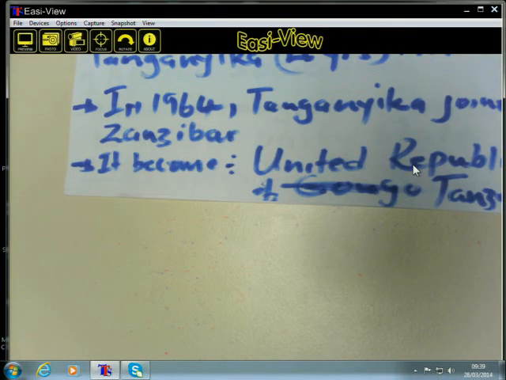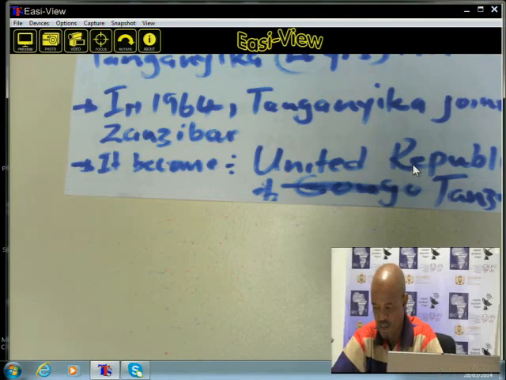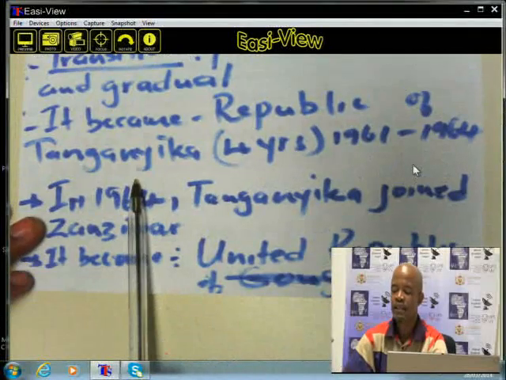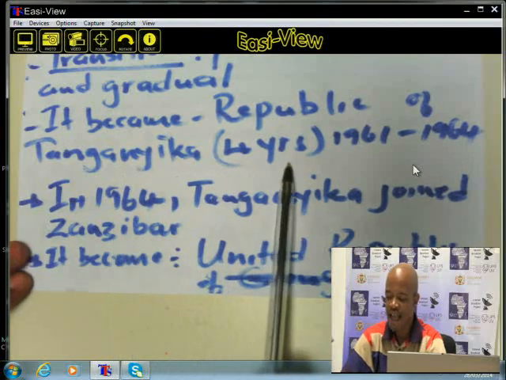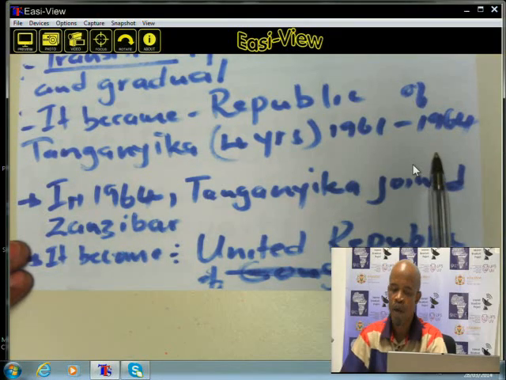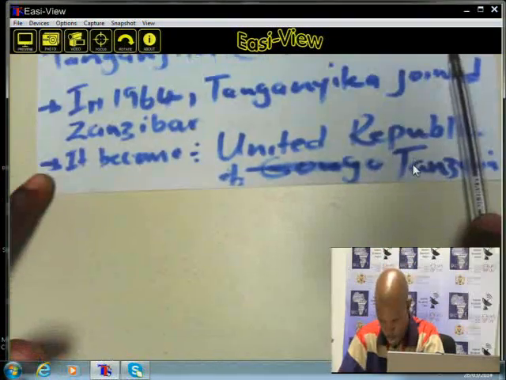Tanzania became known as the Republic of Tanganyika when it got its independence. For a period of 4 years, it was known as the Republic of Tanganyika. That was 1961 to 1964.